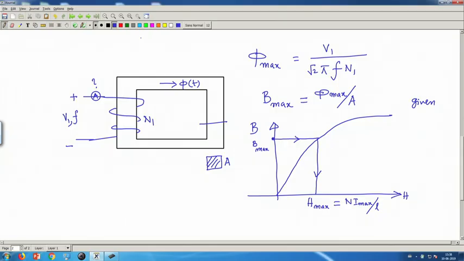L is the mean length of the flux path, which I have shown previously. From this I will say that I max is equal to L into H max by N. I am sorry, N1 it is.